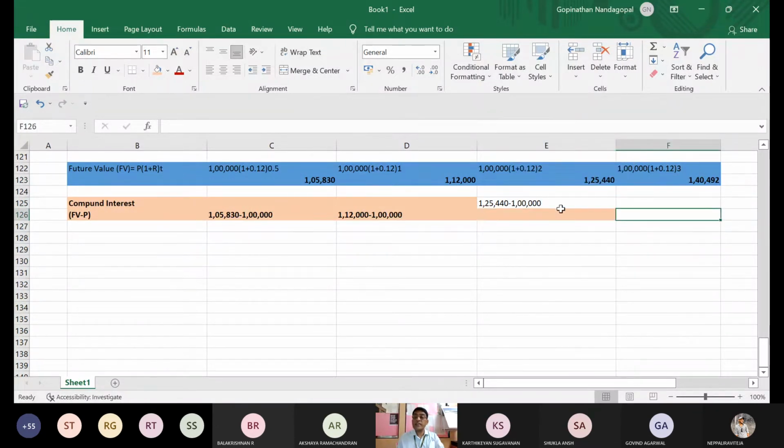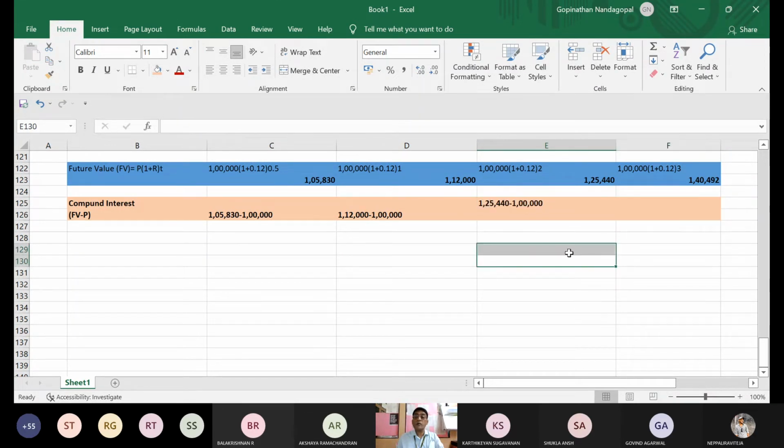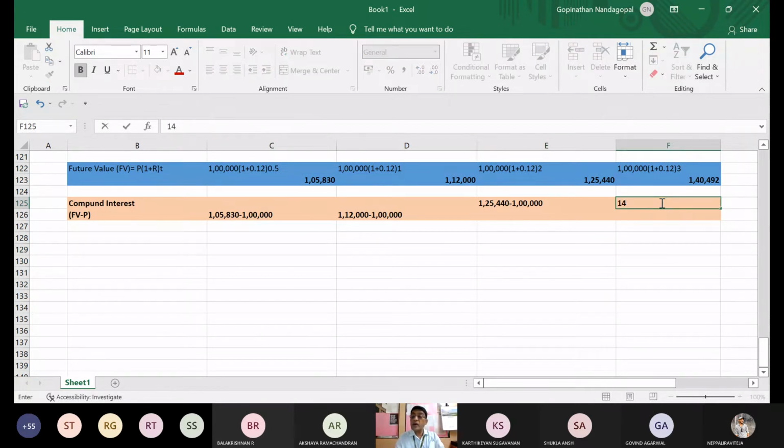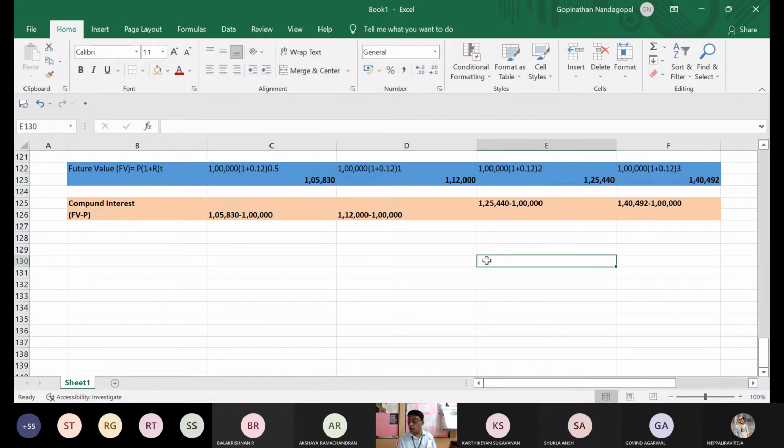Next case, 1,40,492 minus 1 lakh. That's all. So if you do this, you get the compound interest. So 5,830, 12,000, 25,440 and 40,492. Are you clear with this?